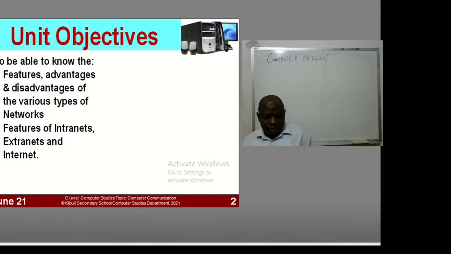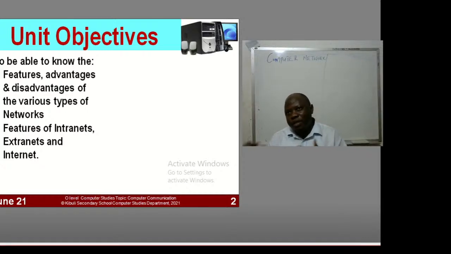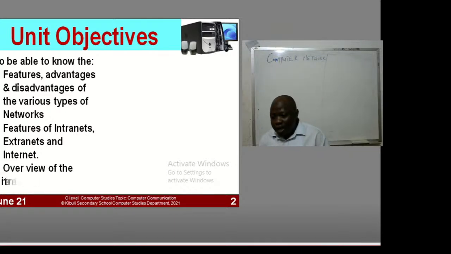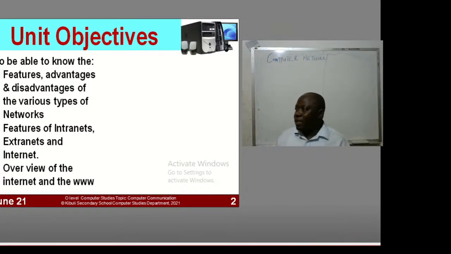One, we are going to define first the computer networks. Then, after defining, we are going to look at the features, advantages and disadvantages of the various types of networks. The features of the intranet. We shall look at the features of the extranet. We shall look at the features of the internet, and then an overview of what we call the internet, and then the World Wide Web.